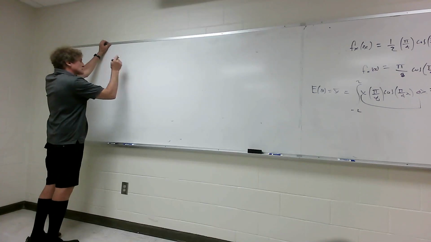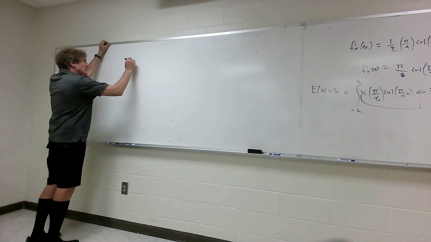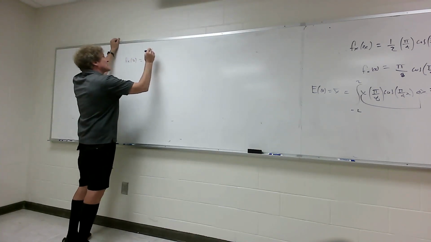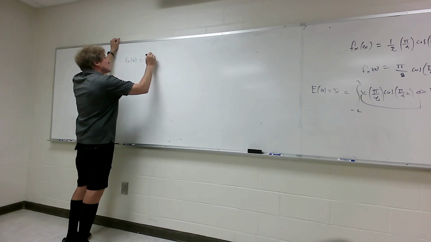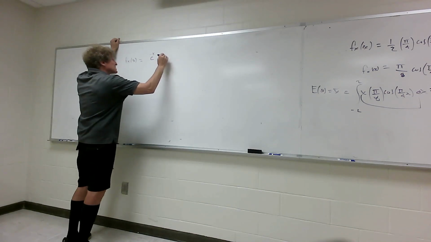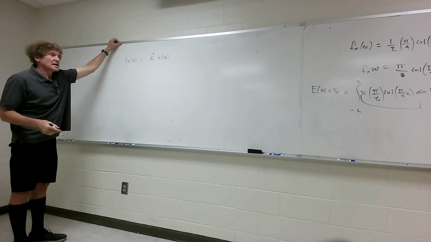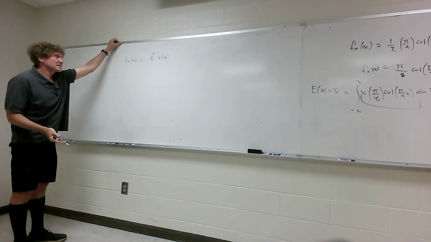So, if I have a probability density function, say f of x, and it's simple, say e to the minus x times u of x, something real simple. So this is a density function, right? And if you integrate that, you get minus e to the minus x.